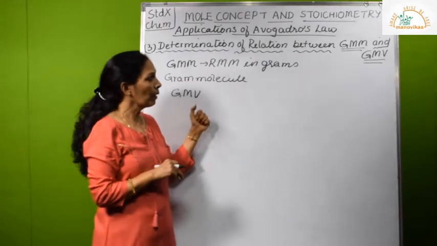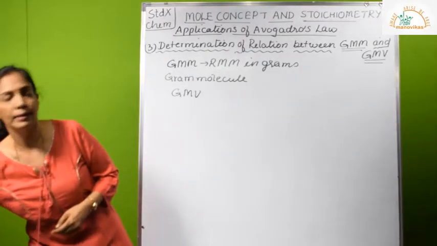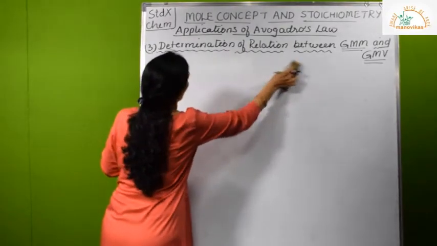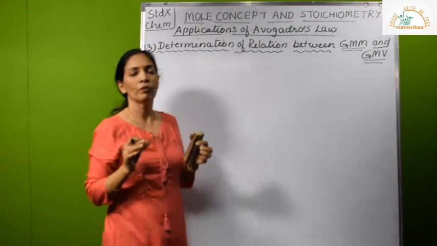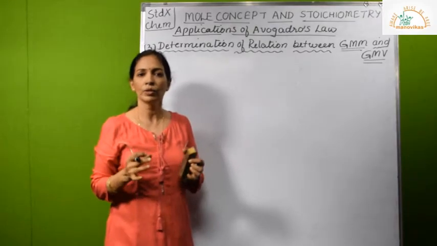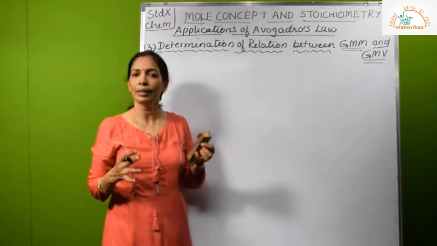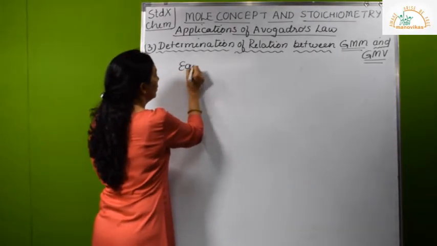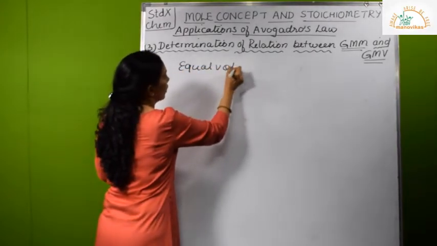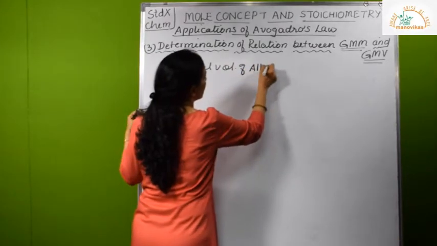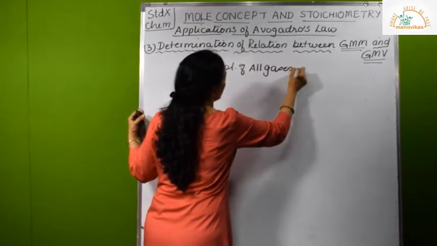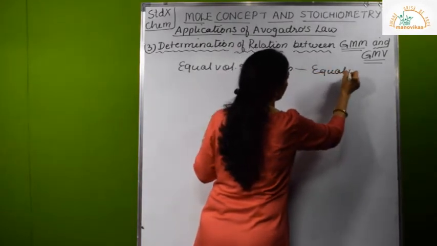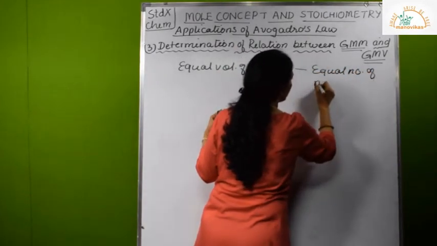Okay, so let us apply Avogadro's law to this and see what is the relation between these two. According to Avogadro's law, equal volumes of all the gases under similar conditions of temperature and pressure contain equal number of molecules. So let us write in short, equal volumes of all gases, equal number of molecules.